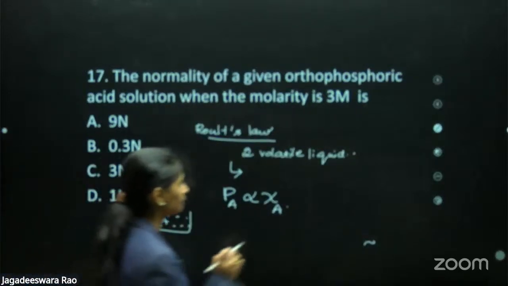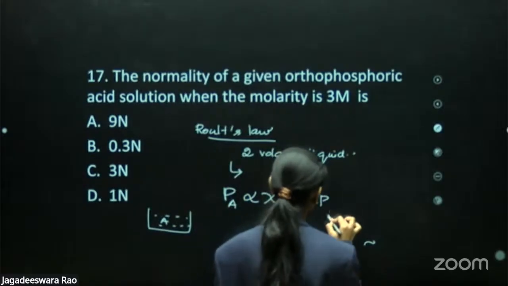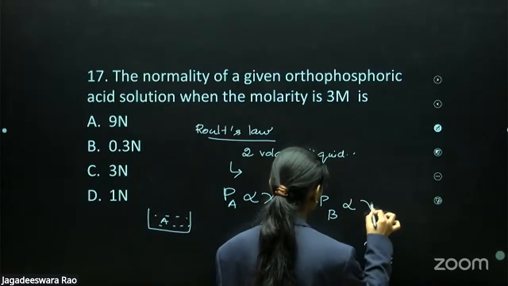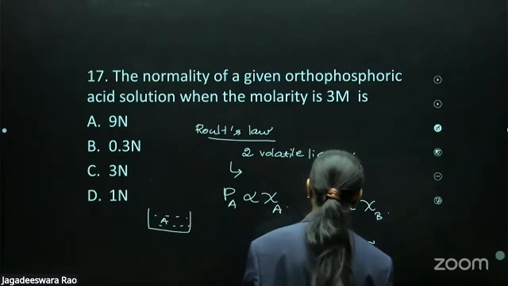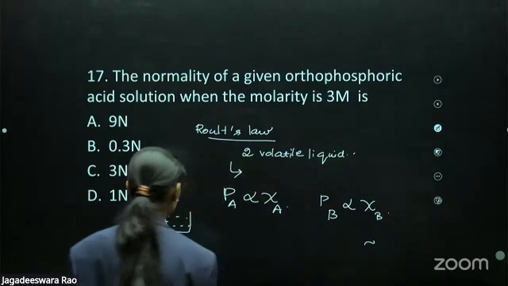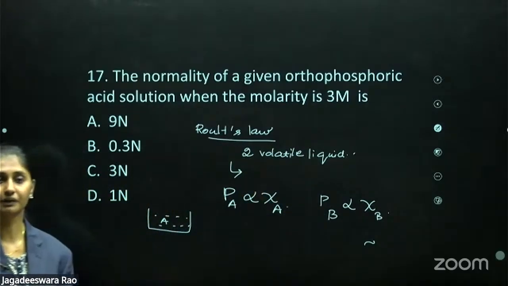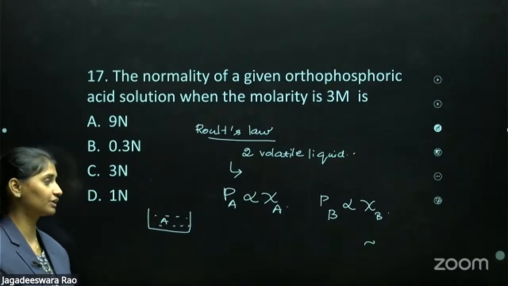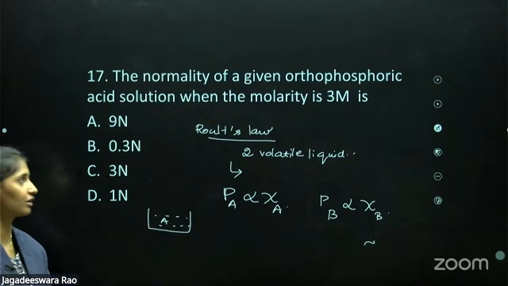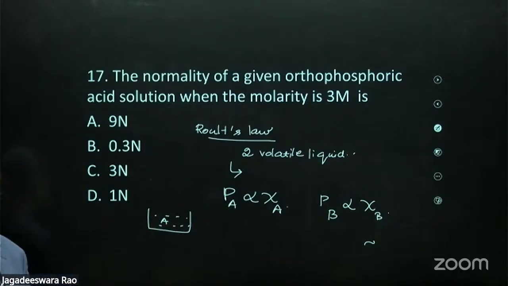In a similar way, the vapor pressure PB is directly proportional to XB. Understood? That means the vapor pressure of the respective element should be equal to their XA and XB value. I'm not solving this question, I'm just using this as a blackboard to explain the concept.